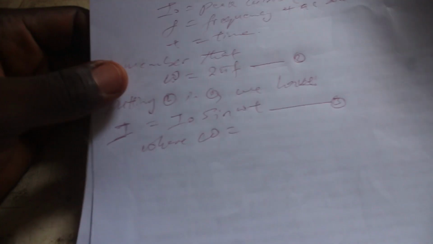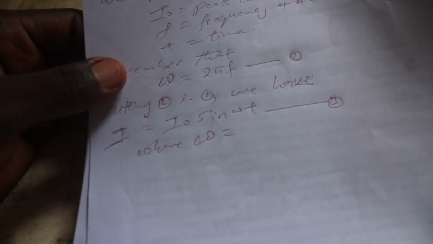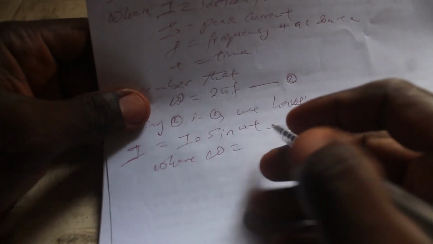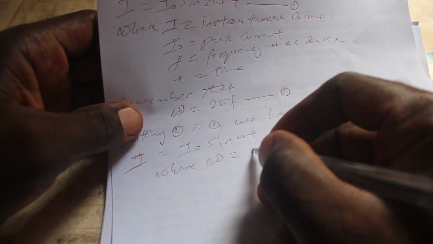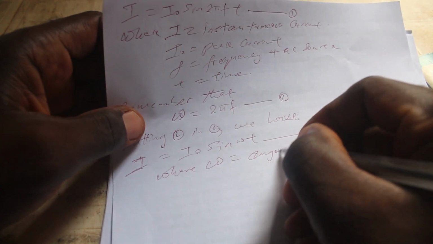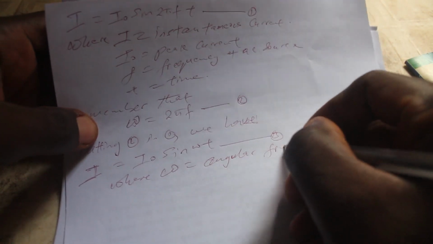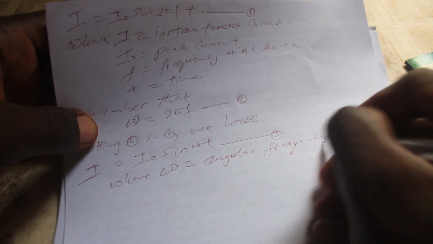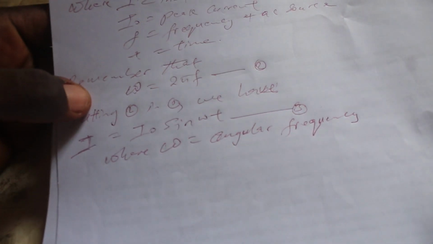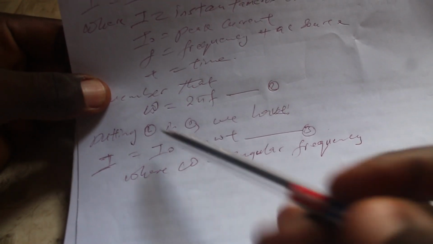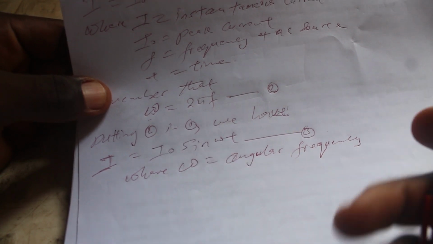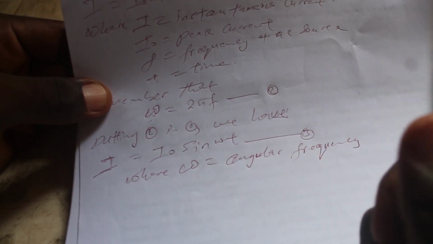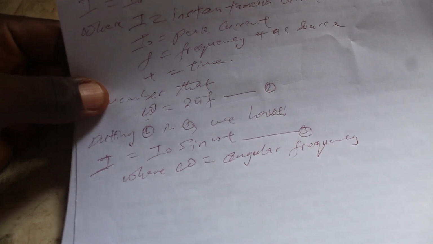Here, omega is the angular frequency. Not angular velocity, please. We are used to seeing omega as angular velocity when describing the motion of a particle in a circle.